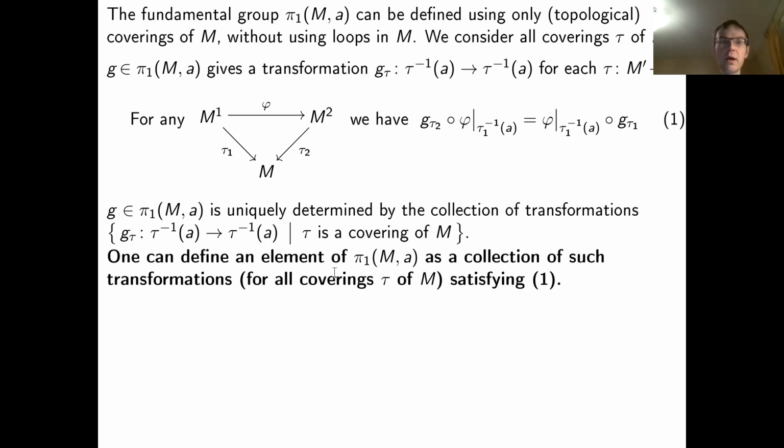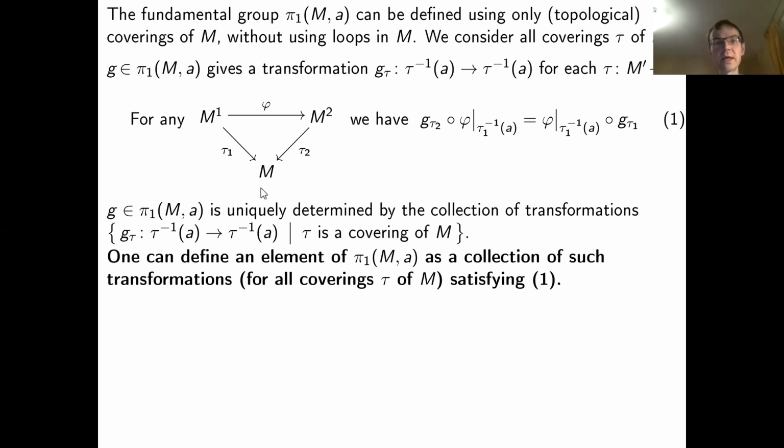Now, what is the group operation? It's easy to understand. The group operation is given just by composition of those transformations G tau. One can check that as a result, one gets a group, and the resulting group is exactly the fundamental group.